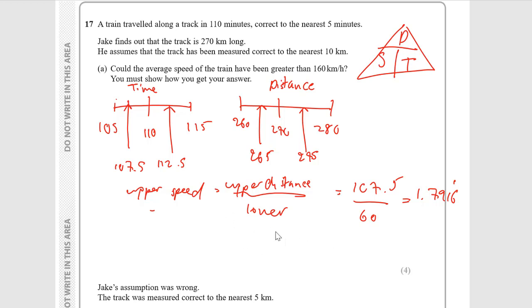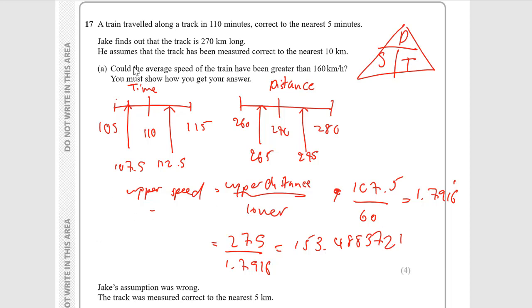And then we have 275. So upper distance is 275, and then the lower time is 1.7916. So we get 153.488371.